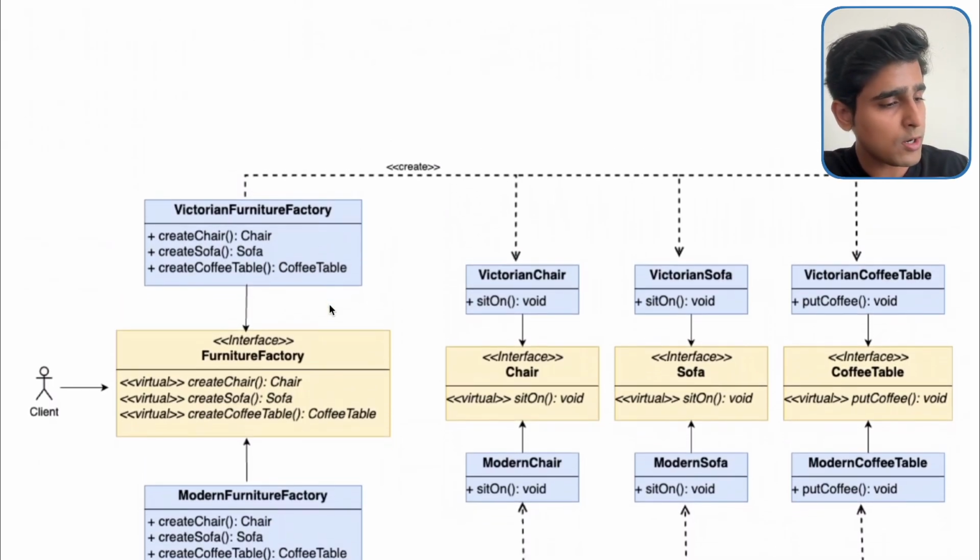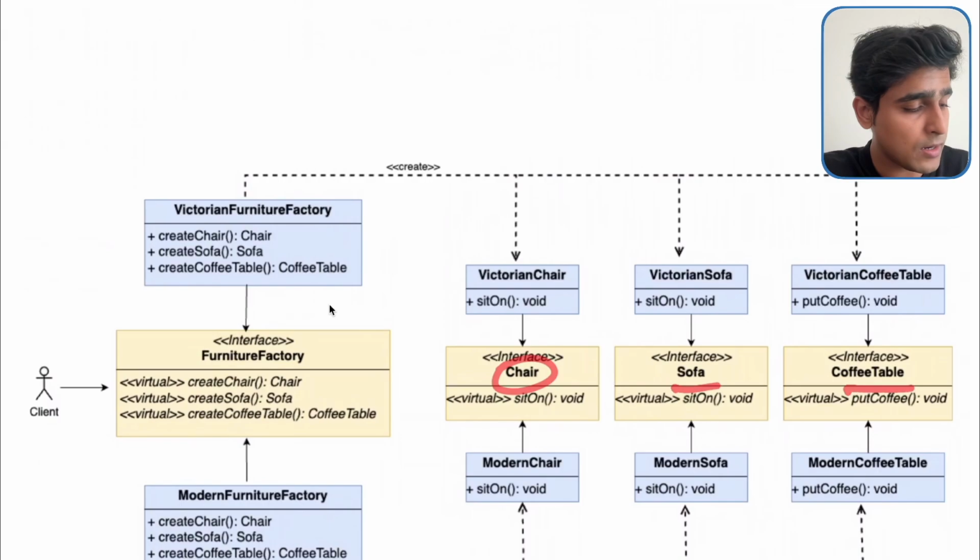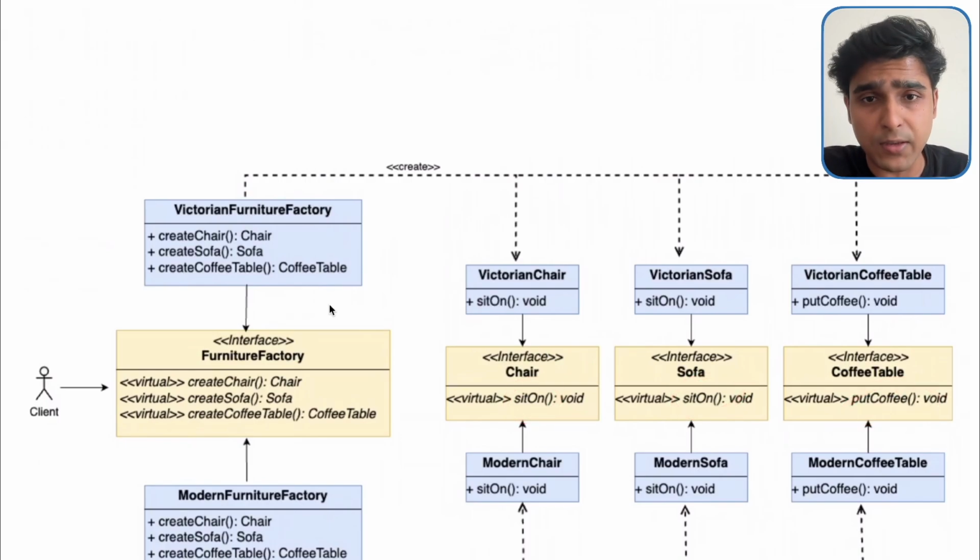So now what it will do, first it will create a furniture factory. Before that, we should create each product. So we had three products right now: chair, sofa, and coffee table. So we will first create the interface of type chair, sofa, and coffee table, and it has a function which is sit on, sofa also sit on, and coffee table in which put coffee.